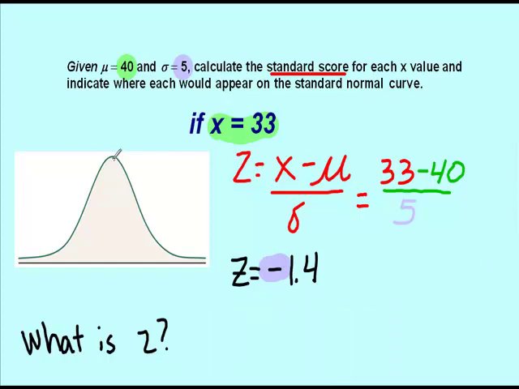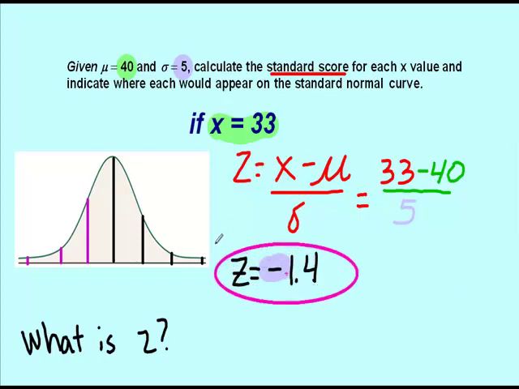So when I go to draw this, there is the mean. Here would be 1 sigma limit, 2 sigma limit, 3 sigma limit. Yes, I know, I'm going the wrong direction. Negative 1 sigma limit, negative 2 sigma limits, negative 3 sigma limits. But where does this one go?